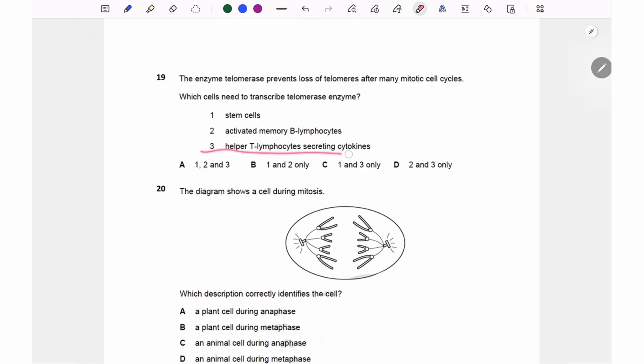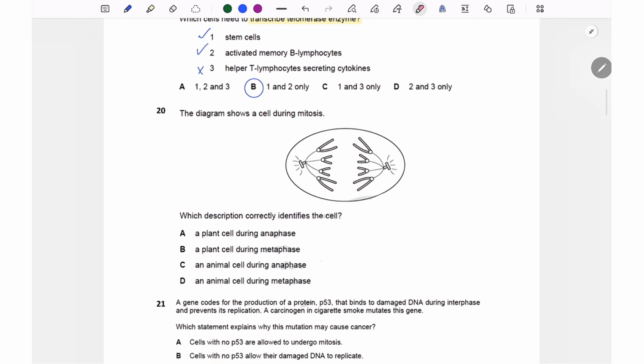This is one that you might think is also going to be part of the ones that need to transcribe the enzyme, but no, this is already differentiated. It's performing its function, that secretion, so it's not going to need that enzyme, only these 2. That's B.